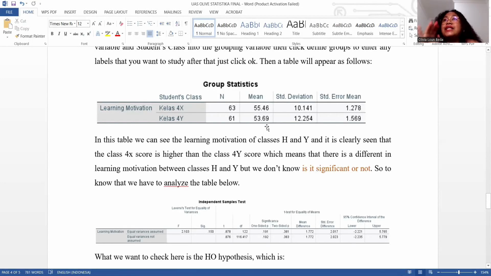There is a difference, but in this case we want to figure out whether the difference is significant or not. That is what we want to test.